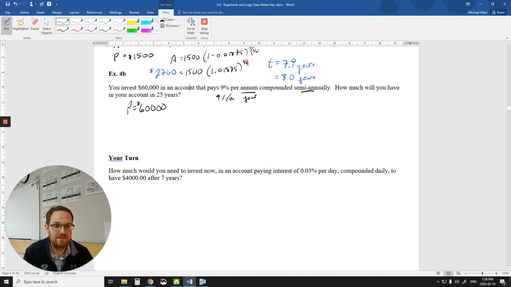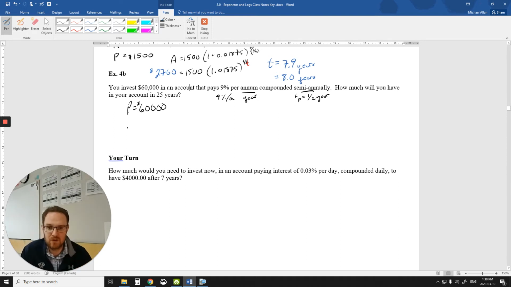And this is compounded semi-annually. So my compounding period is semi-annual. So that means it's happening twice a year. So it's half a year. If I want to put that in there, half a year. Okay. Now it's important knowing that that's half a year. So when we get to our formula, how much will they have in 25 years? I don't have to times the 25 by 2.